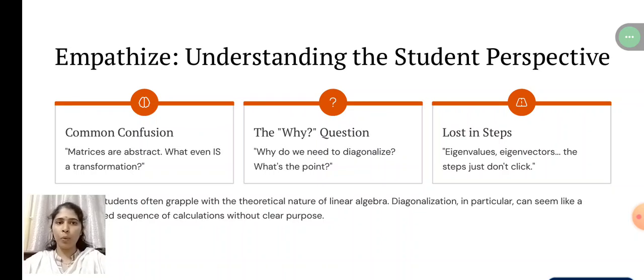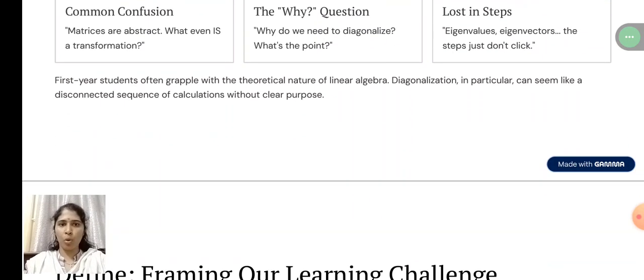Till 12th standard, they don't study transformation processes. They only study matrices, rank of the matrix, and calculation of the x and y values. Next, why is diagonalization important? That is the second one. Then they are lost in steps. They don't know what eigenvalues and eigenvectors are, so they get confused over there.